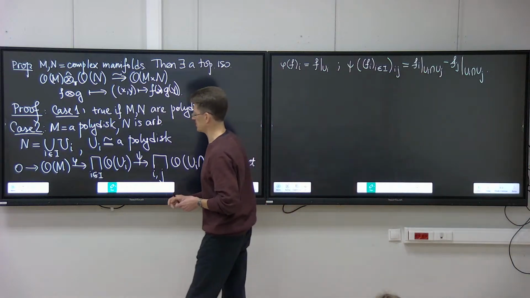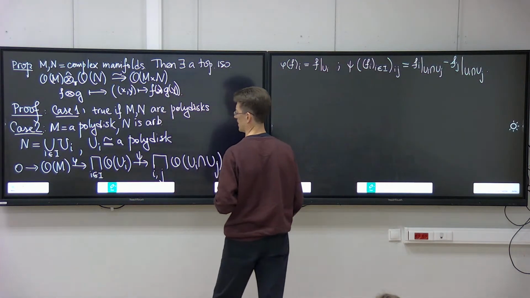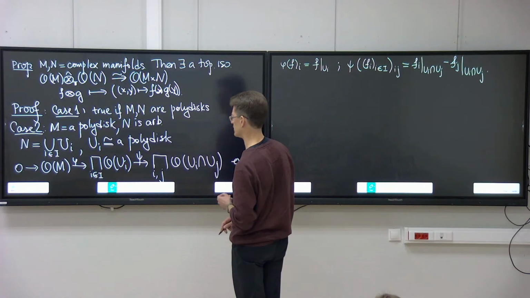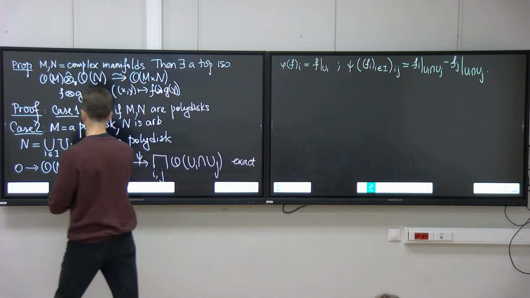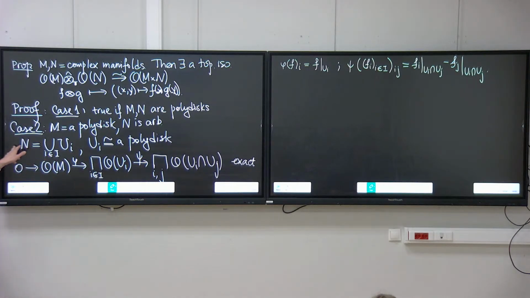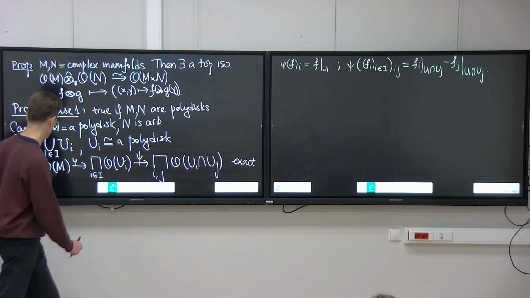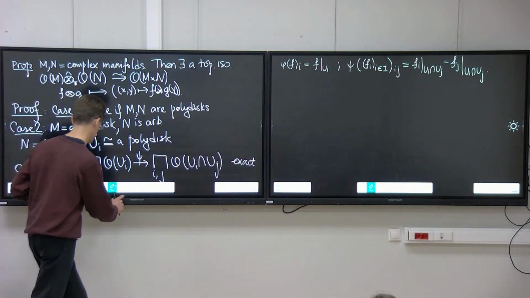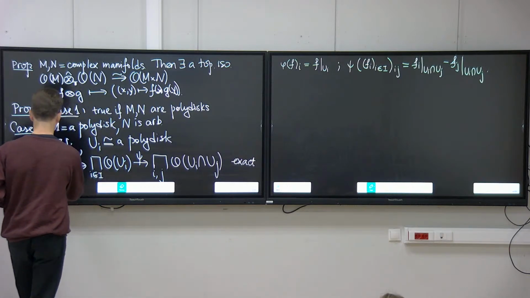So we can consider the tensor product of this sequence by O of M. Sorry, this is not M, this is N. We have chosen a cover of N by polydisks.